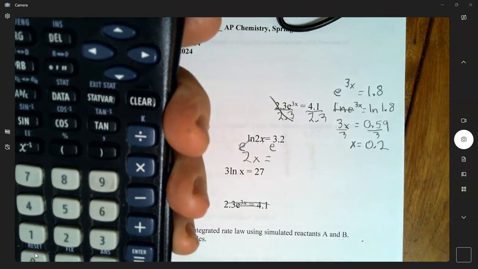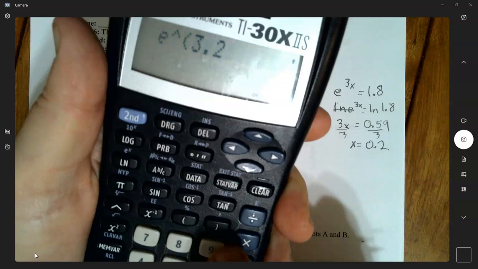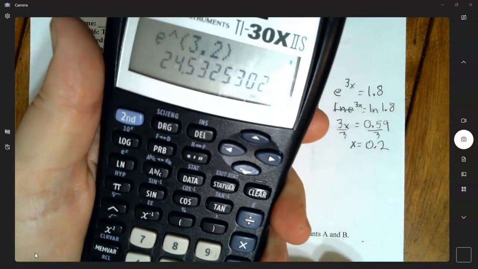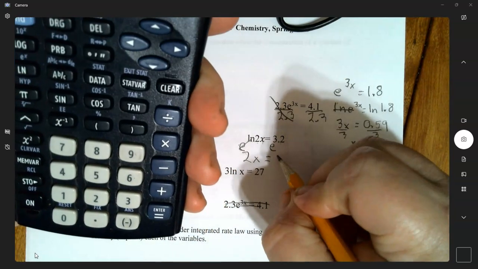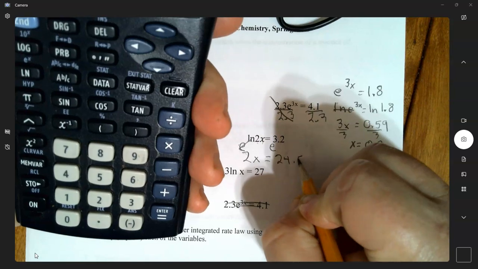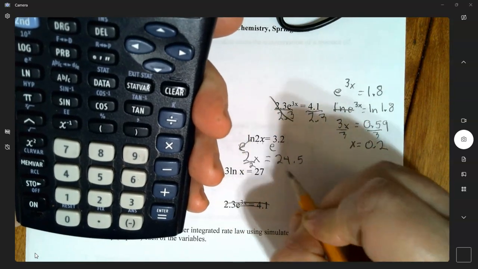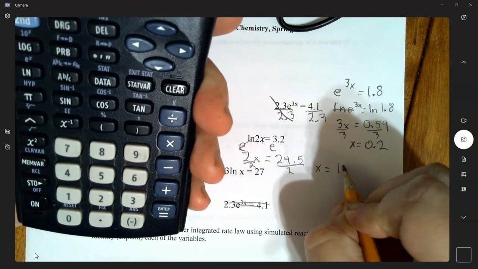Now you can put in the number 3.2, and that's going to equal 24.5. Divide both sides by 2, and you get x equals about 12.25.